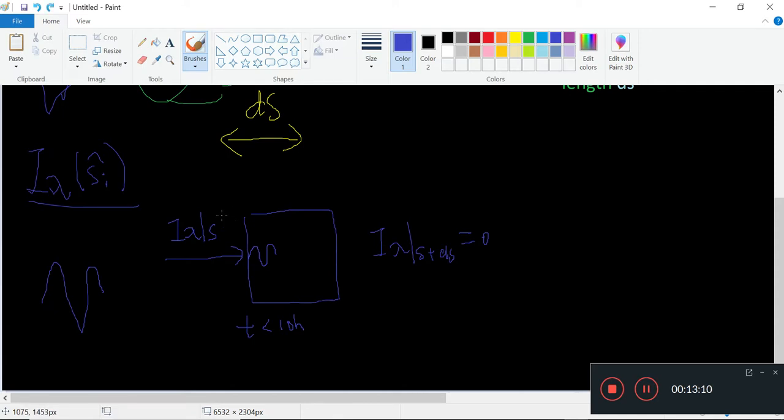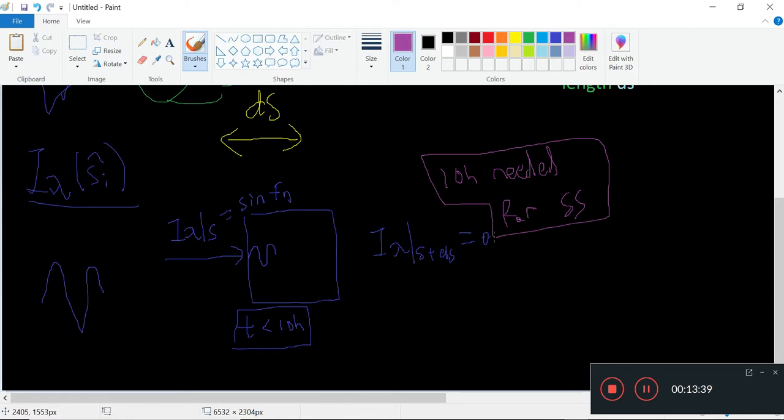So it takes at least 10 hours for steady state. If it takes 10 hours to travel through this system, it needs 10 hours for this to settle at steady state.